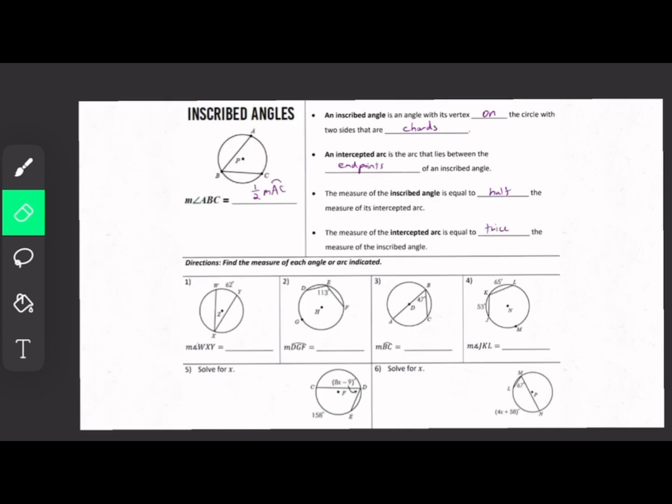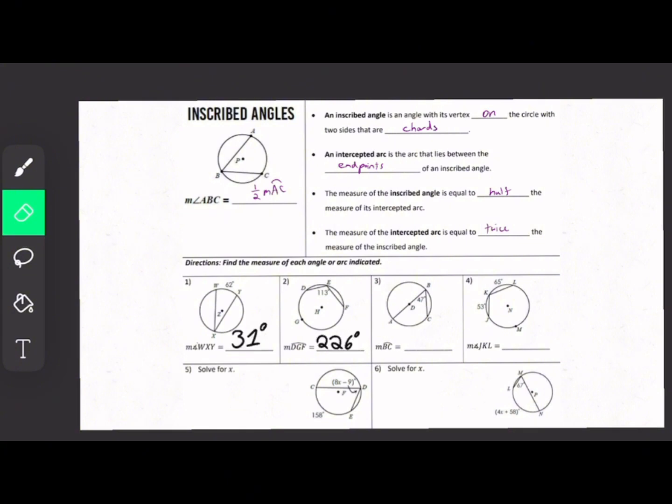Alright. Whoa, do you guys recognize this? You should. I'm not even going to read inscribed angles again. So, do 1 and 2 for me, guys. Alright.